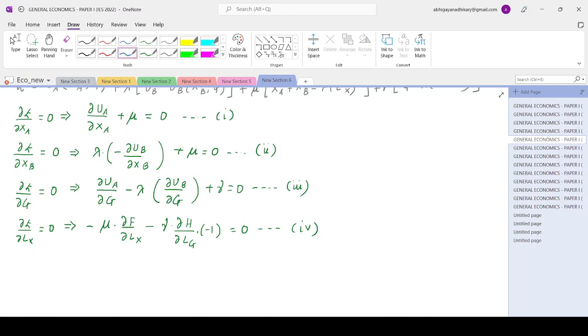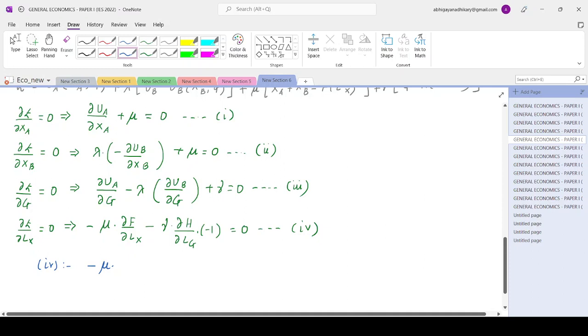Let's have a look at how we are going to solve them. Equation number 4 gives us some interesting things. Minus mu times del F by del x, which is the marginal product of labor in sector X, plus gamma times del H by del G, which is the marginal product of labor in sector G, is equal to 0.